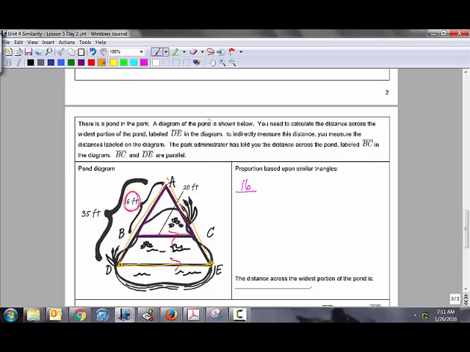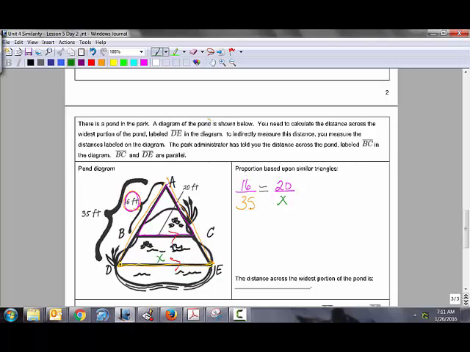That corresponds to the side that's labeled 35 in the larger triangle. And now we'll set up one more ratio of corresponding parts. This 20 in the smaller triangle corresponds to this length of DE that we're looking for. And again, I'm just going to put x because that's less writing to put one letter than two.